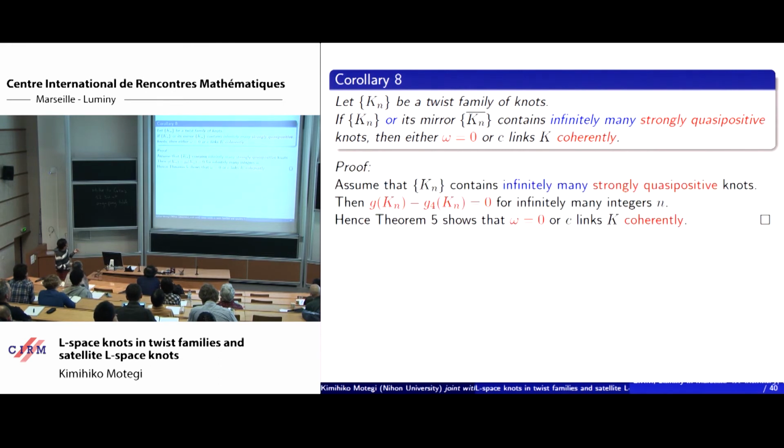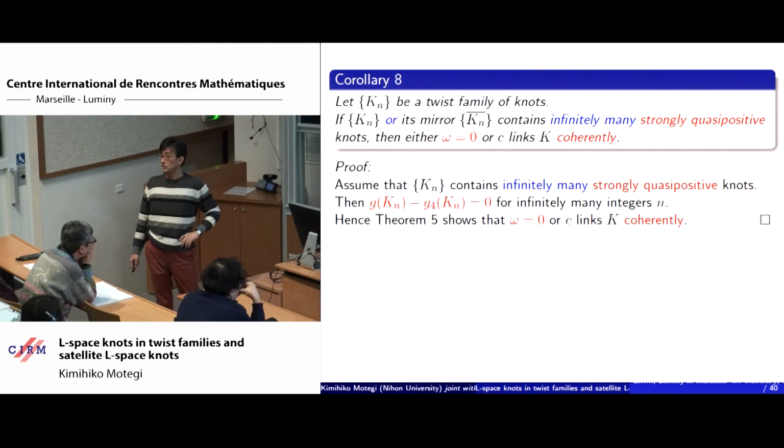Actually, assume that K_n contains infinitely many strongly positive knots. Then, by Livingston's theorem, the difference between the Seifert genus of K_n and the slice genus of K_n equals 0 for infinitely many integers n. So our Theorem 5 shows that the winding number equals 0 or C links K coherently.